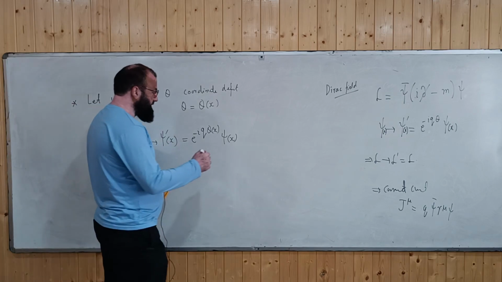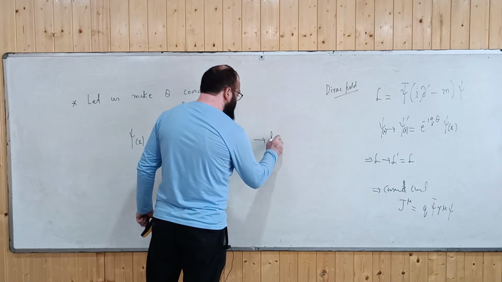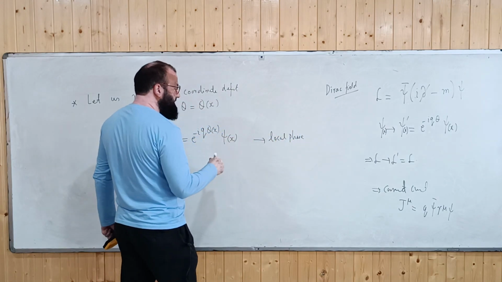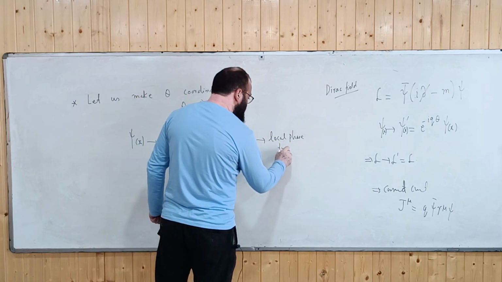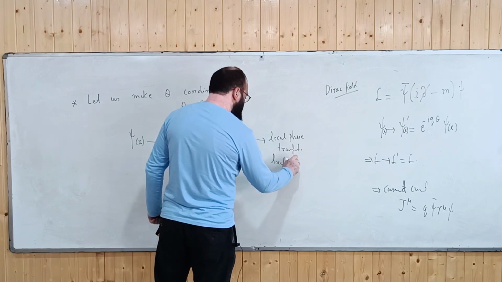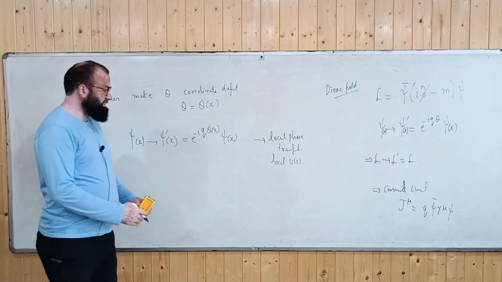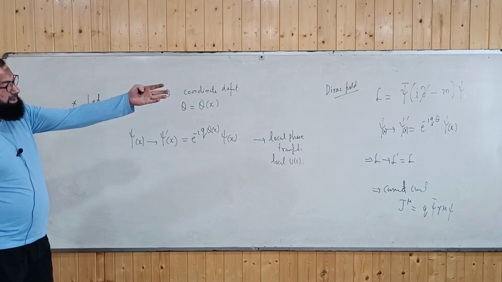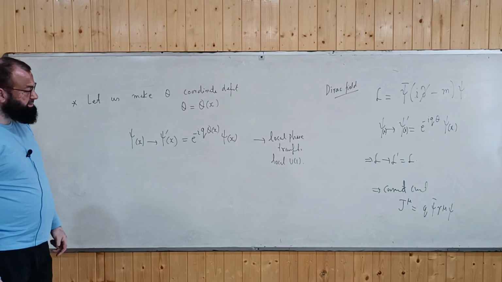In that sense, we call this a local phase transformation. So we have now gone from a global phase transformation to the local phase transformation, or sometimes we call it local U(1), because it's a U(1) group still. It's a unitary group.